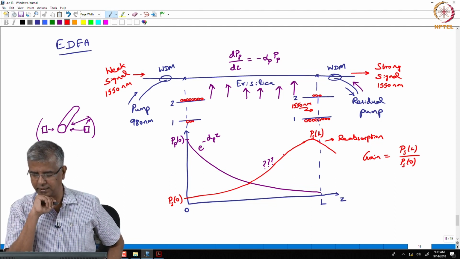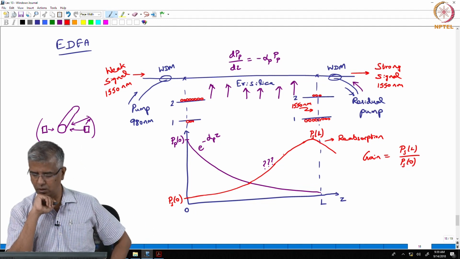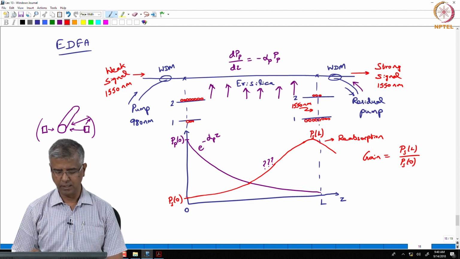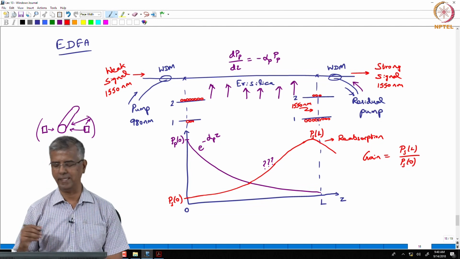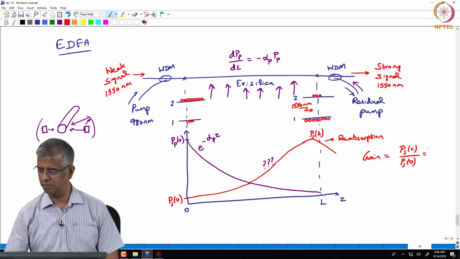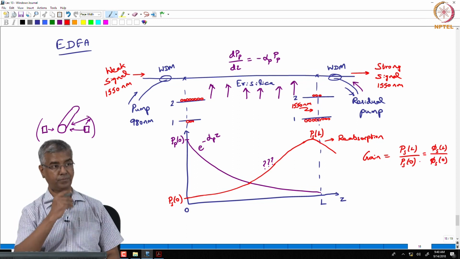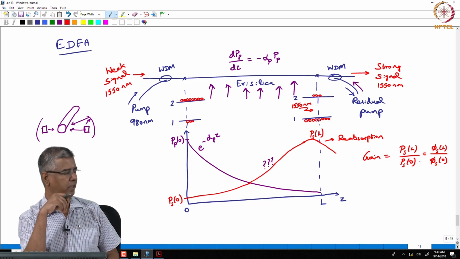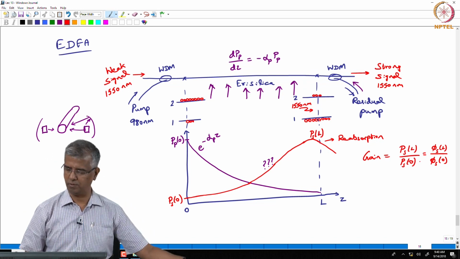What is the gain at any particular point along this fiber? I could track the signal power, or the signal flux, because this can be written as phi s of L divided by phi s of 0. That is the signal flux coming into the fiber, and then we have a signal flux going out of the fiber.